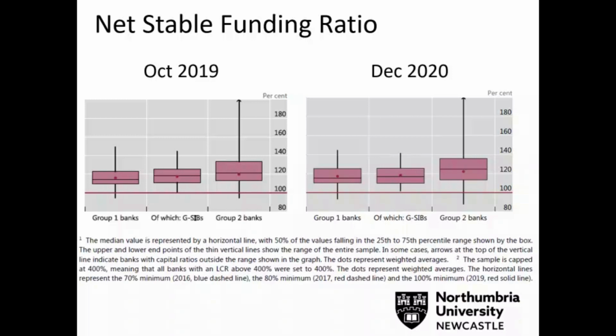But on the whole, you can see that the interquartile range of both groups is above 100, hovering around the 110 to 140 mark on average, with all the globally systemically important banks meeting the 100% requirement in December 2020. But clearly, there is a lot of work to be done in the Group 2 smaller banks, as the max and min are very spread out and the interquartile range is much larger.